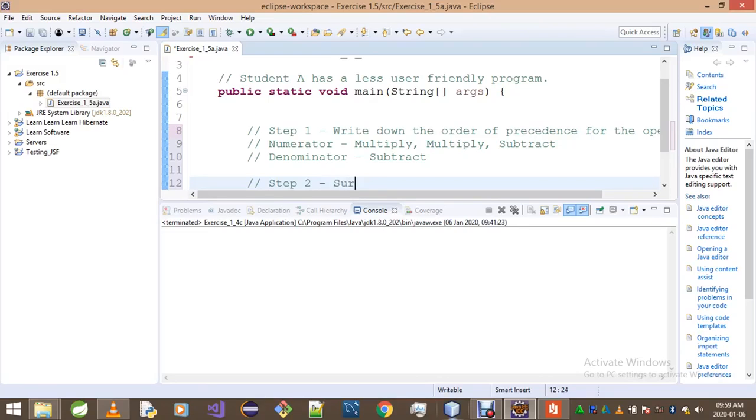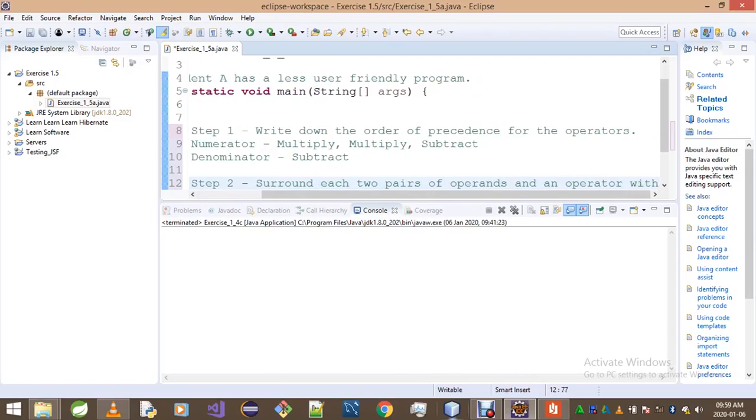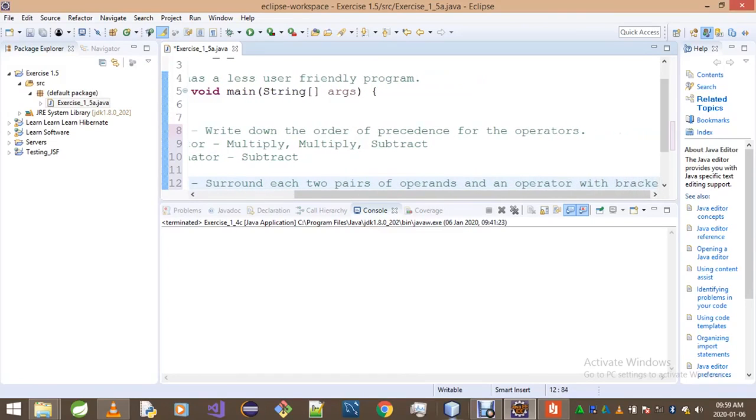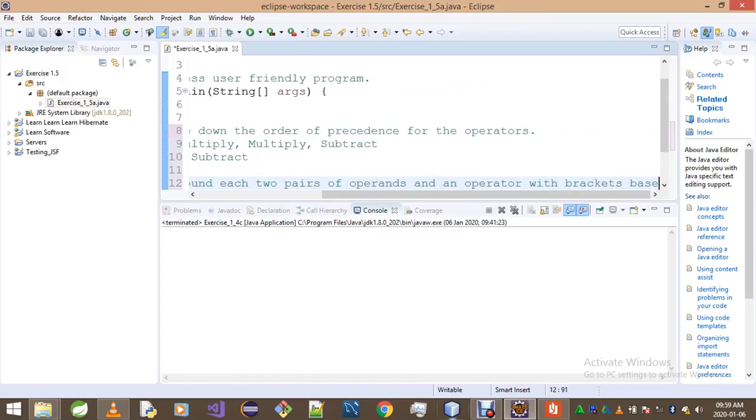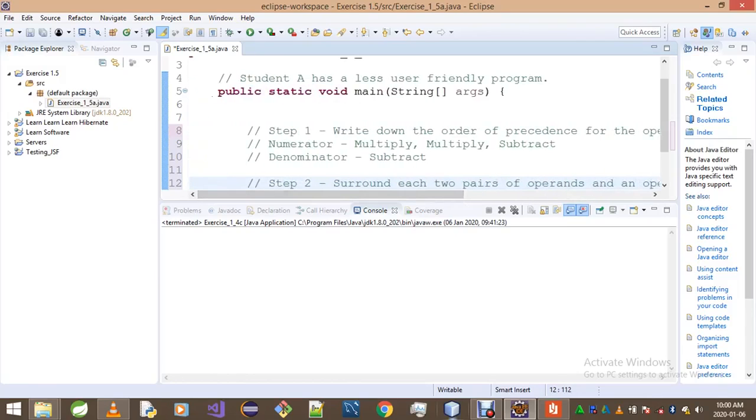Okay, you wanna surround each two pairs of operands and an operator with brackets based on the precedence. This is a long comment, so it's better we make it a multi-line comment.